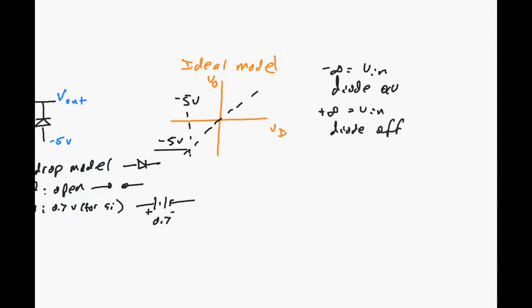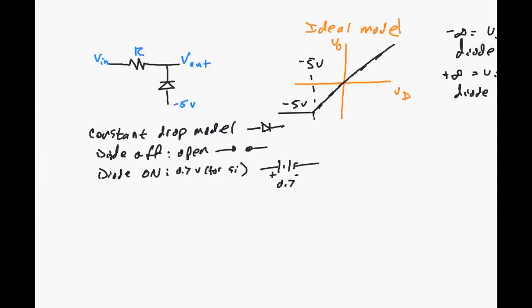When it's off, we replace it with an open circuit, and we simply have this line here. That's the ideal model.